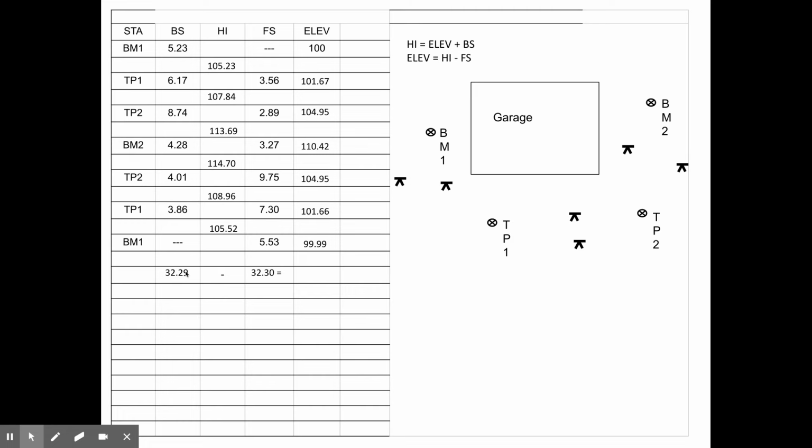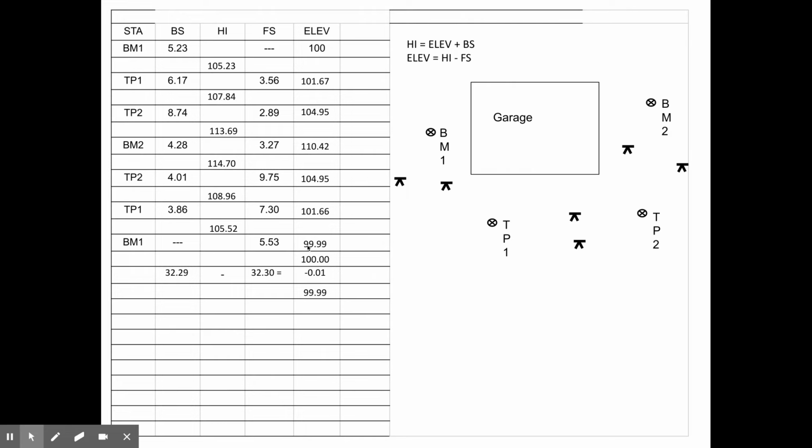We subtract these two numbers from each other, and that gives us 0.01, or negative 0.01, which we subtract from our initial elevation, which is 100. So we subtract those two, and that'll give us 99.99. Now we simply take this number and compare them. They are the same. So that means that our math is correct.